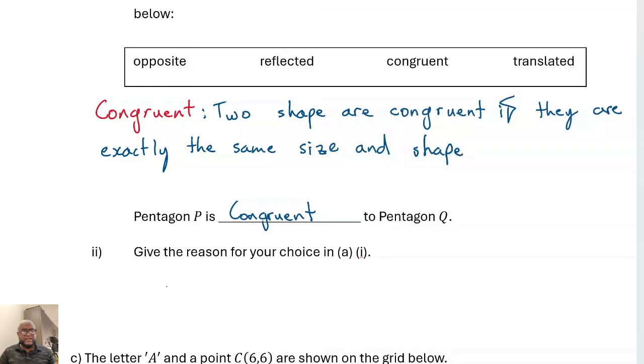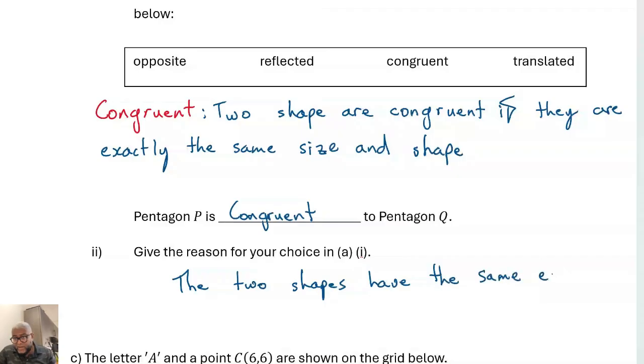Okay, you could also put something else. Instead of writing the same size and shape, you could also put that the two shapes have the same sides and the same angles, meaning that all the angles on the inside are the same.